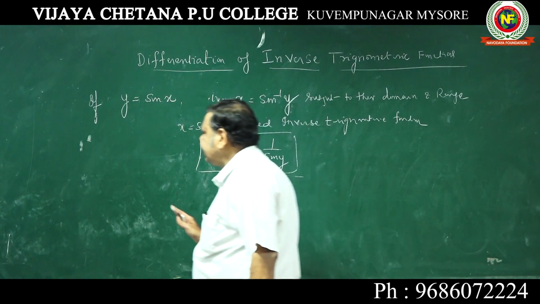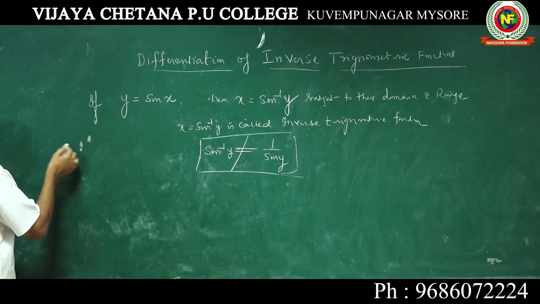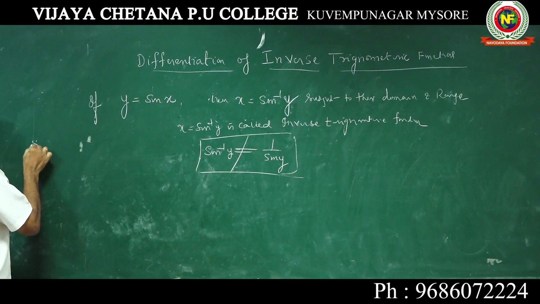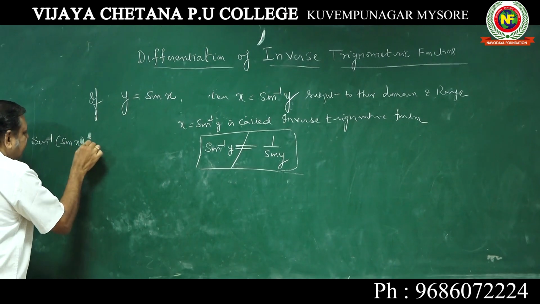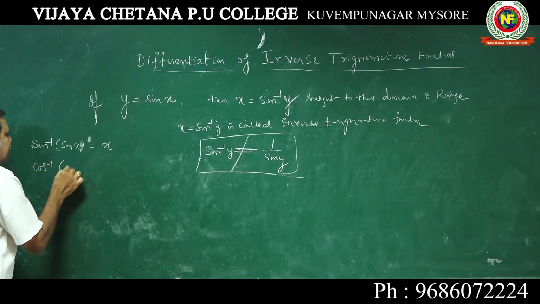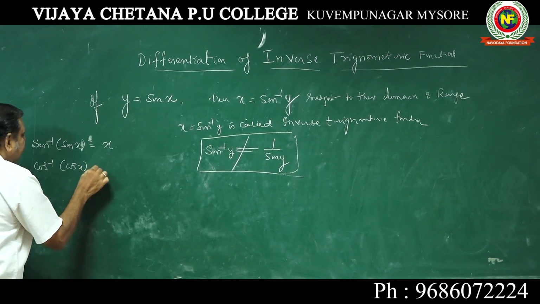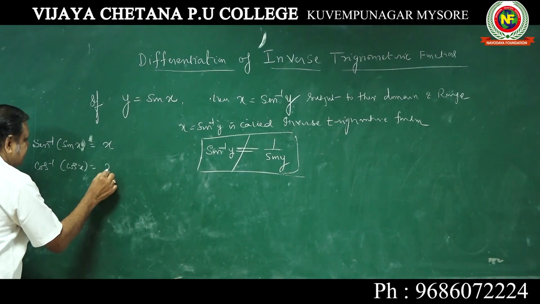Apart from this, some 3-4 formulas you can take. Write down these formulas, which will be proved by Mr. Revanna. Important: sin inverse of sin x is x. Cos inverse of cos x is x, that means inverse of that particular regular trigonometric function is nothing but x.